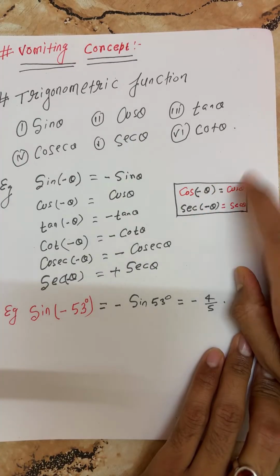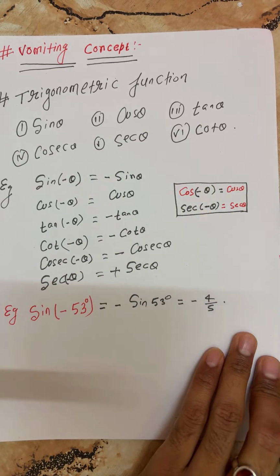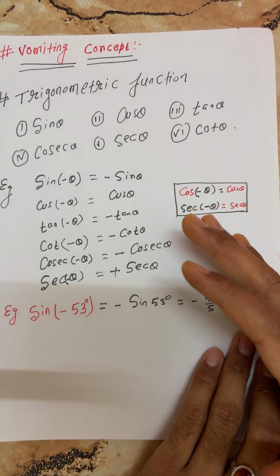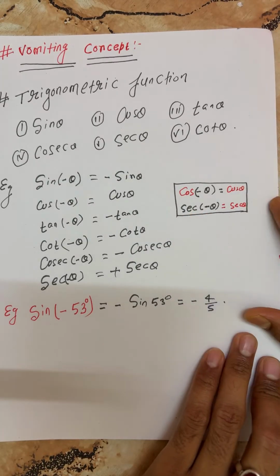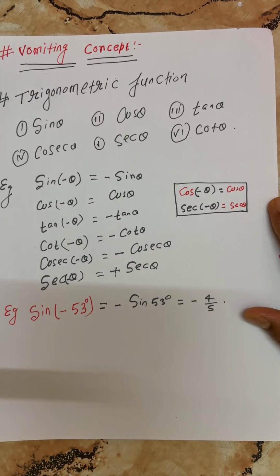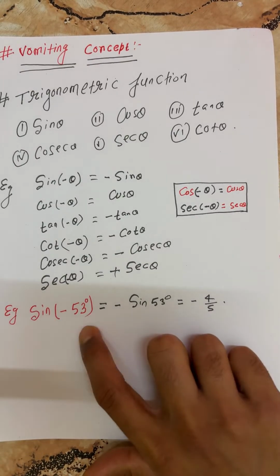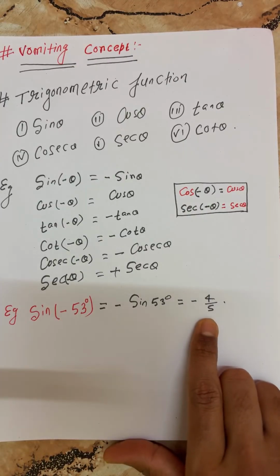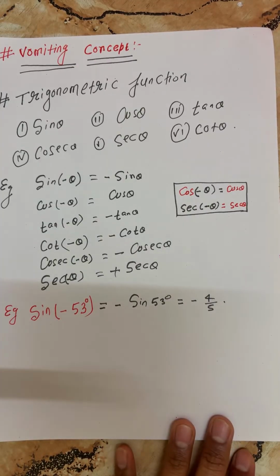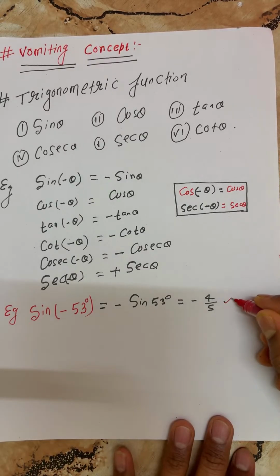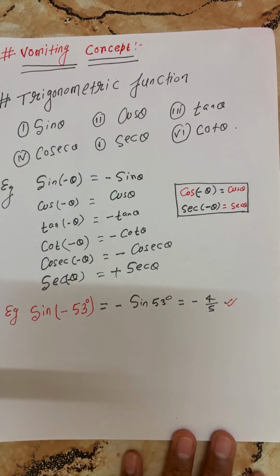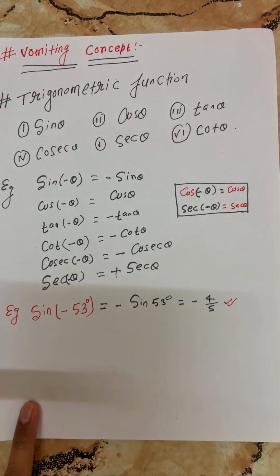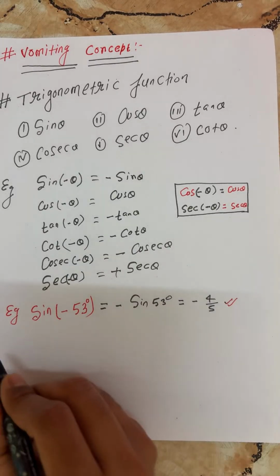So cos and sec remain positive. The remaining four functions of trigonometry are forever negative. So sine of minus 53 is minus sine 53, which is minus 4 by 5.